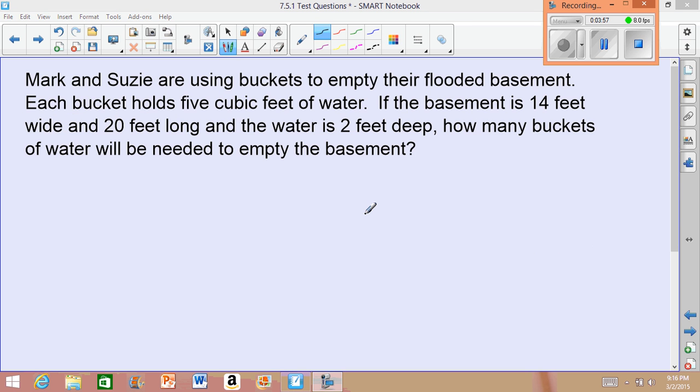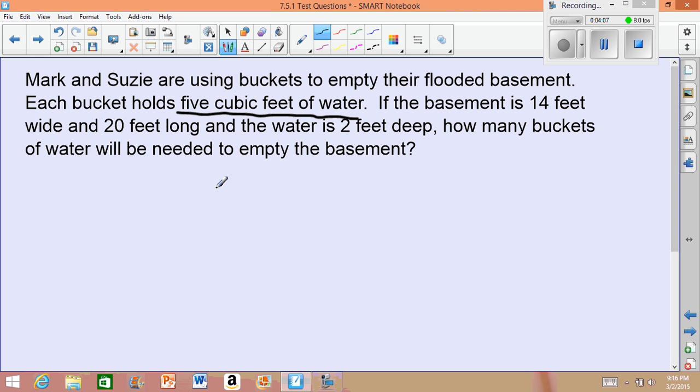All right, moving on to the next problem. It says Mark and Susie are using buckets to empty their flooded basement. Each bucket holds 5 cubic feet of water. If the basement is 14 feet wide by 20 feet long by 2 feet deep, how many buckets of water will be needed to empty the basement? So our basement is shaped like a rectangular prism. It might look something like this, minus my bad drawing.